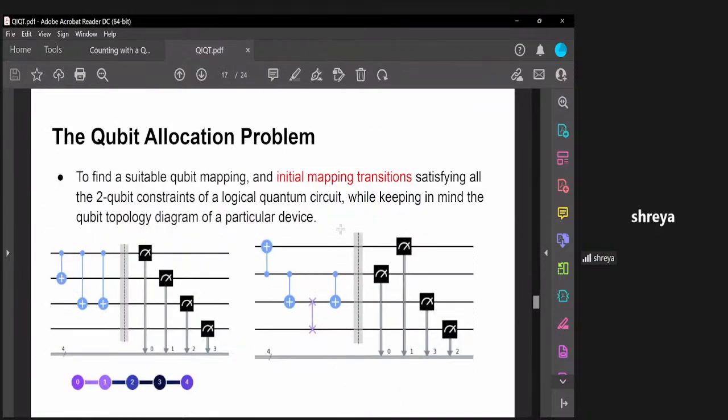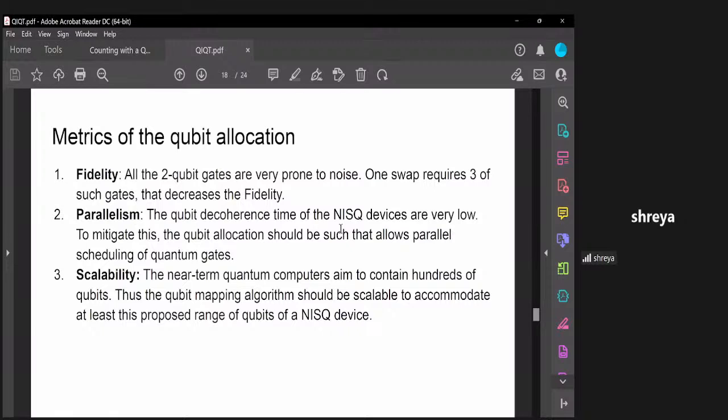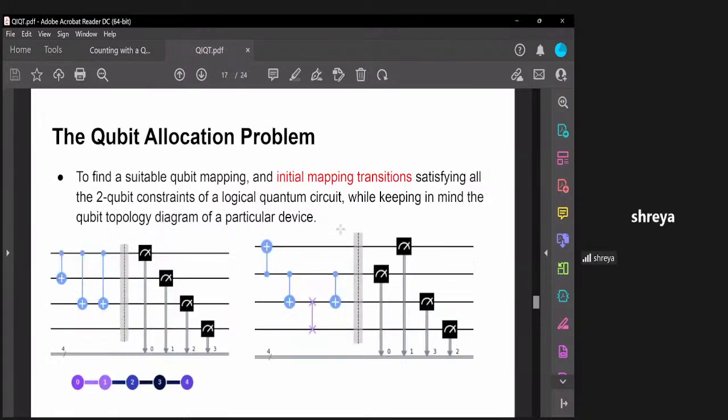So people have played with the optimization of this allocation problem, or the qubit mapping problem, a lot. And there are a few ways that you can improve your logical code, improve your user-level code, and get better results. To find a suitable mapping, you can look at the initial mapping transition. What do I mean by that?